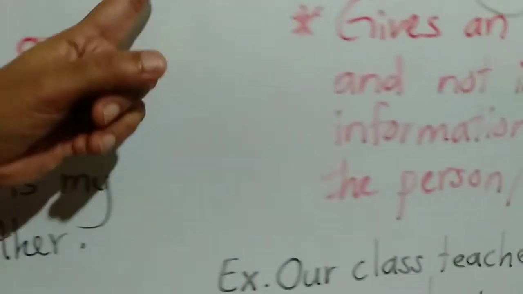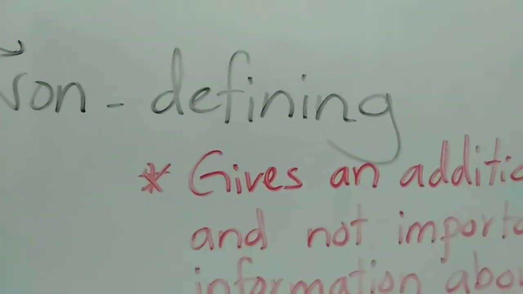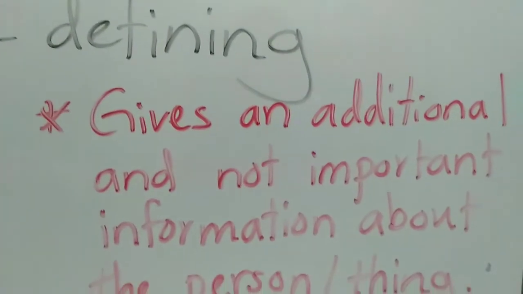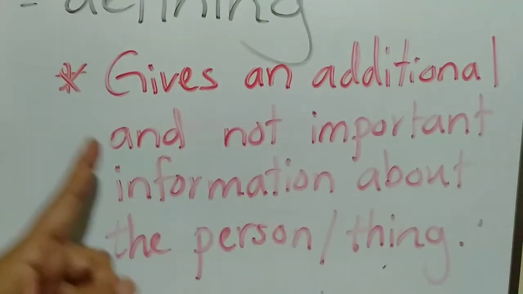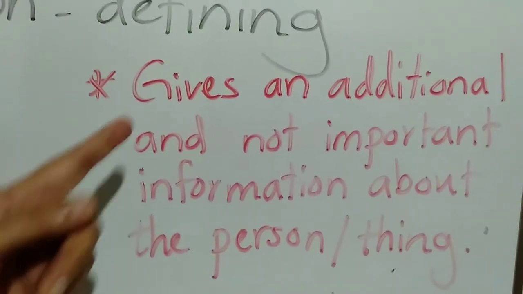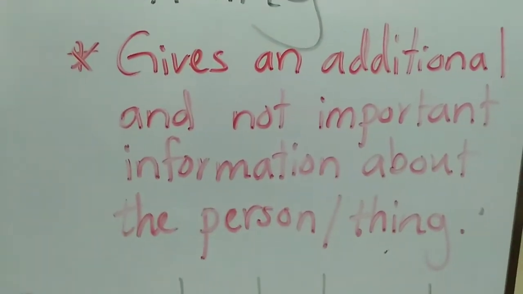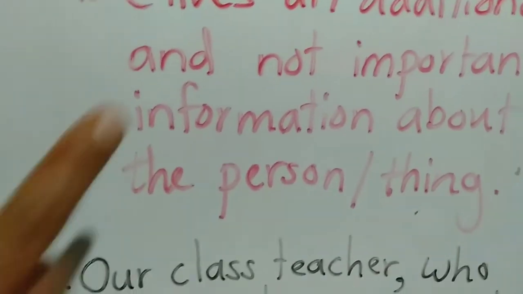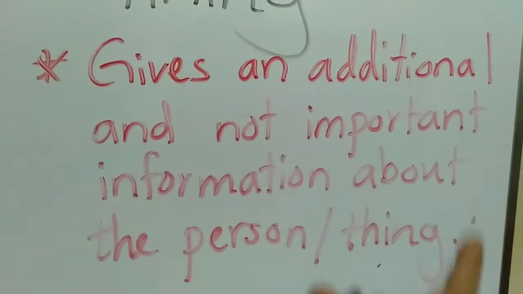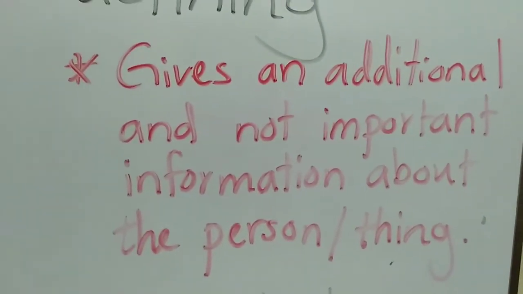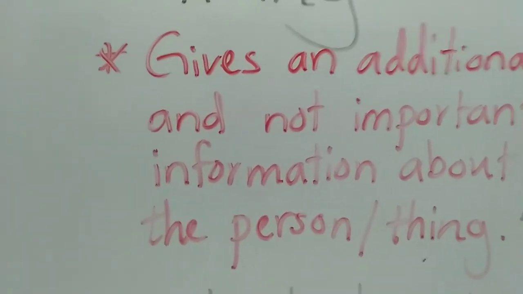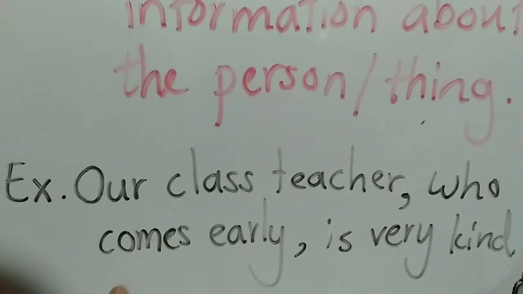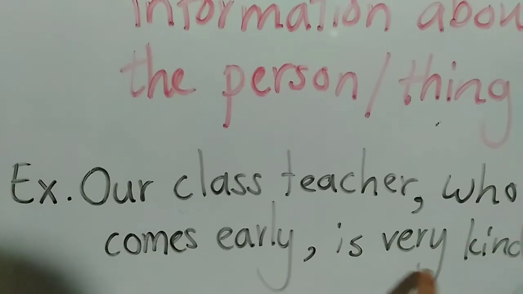Let's see this. Non-defining. That relative clause always gives additional, extra information. Then it's not important about the person or thing. This relative clause gives additional and not important information about the person. Let's see how. Taking this example, our class teacher who comes early is very kind.